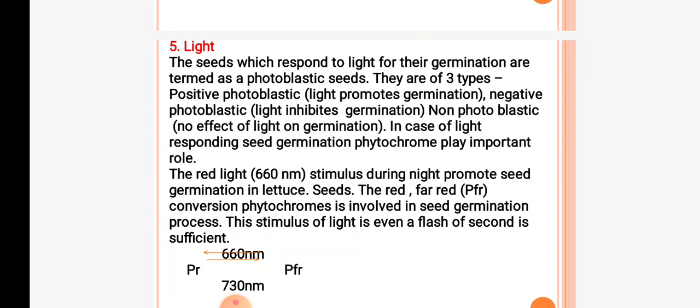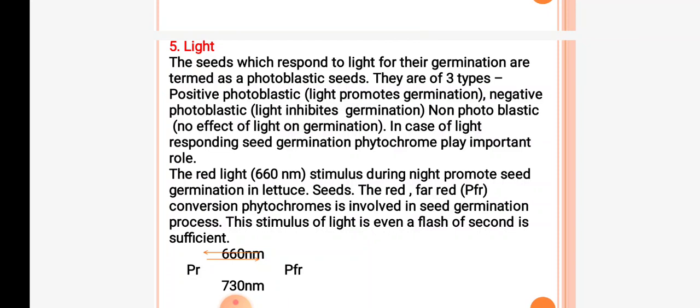Non-photoblastic seeds: no effect of light on germination. So the effect may be positive, enhancement in the germination process. The effect may be negative, that is inhibition of seed germination. And no effect of light on germination is known as non-photoblastic effect on the seed.